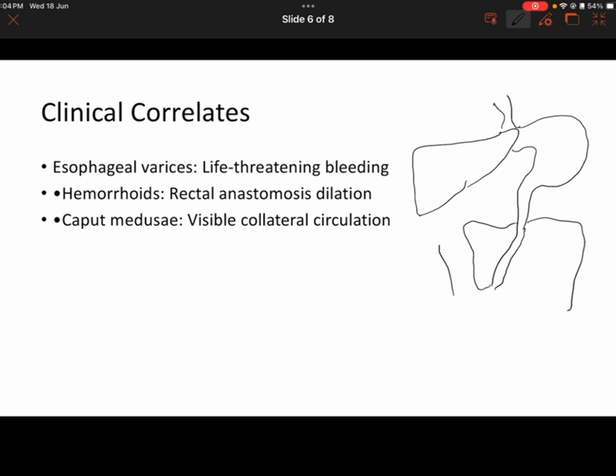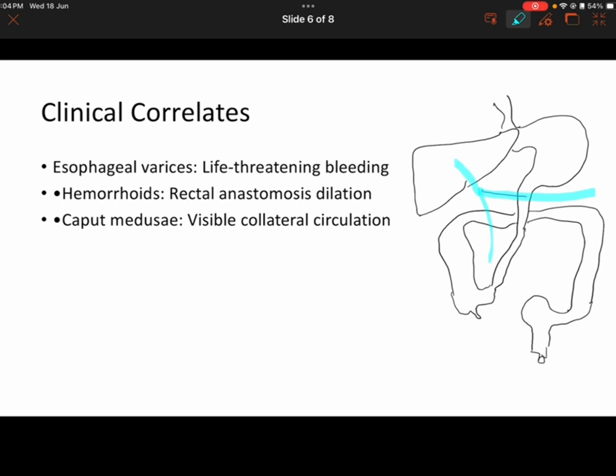Now we are drawing large intestine. Here is our rectum. So from here, splenic vein comes. From below, superior mesenteric vein comes and forms the portal vein.